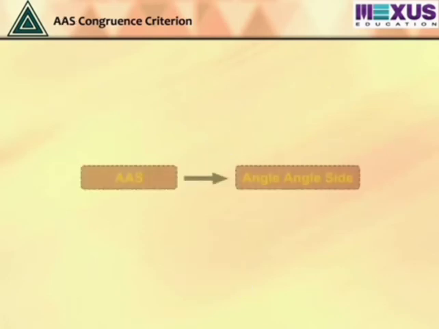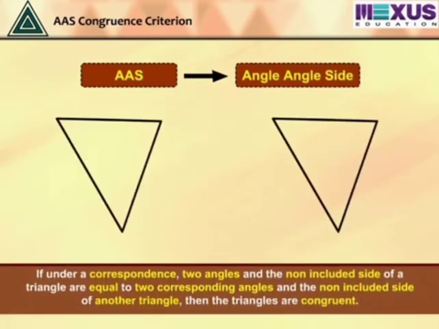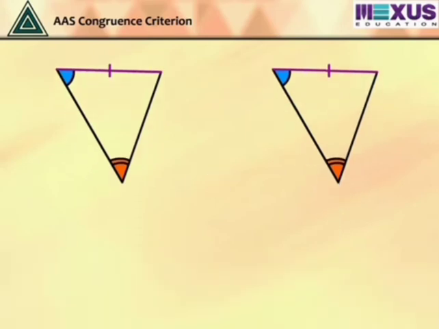Next, AAS, angle, angle, side. See the triangles. If under a correspondence two angles and the non-included side of a triangle are equal to two corresponding angles and the non-included side of another triangle, then the triangles are congruent. See the triangles ABC and PQR.